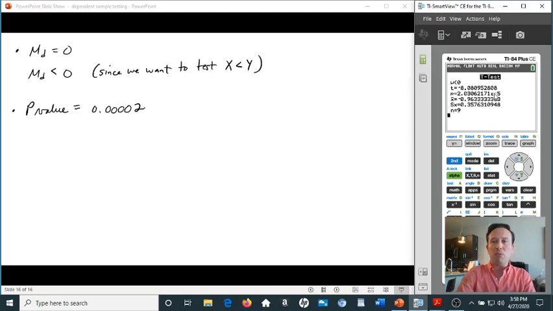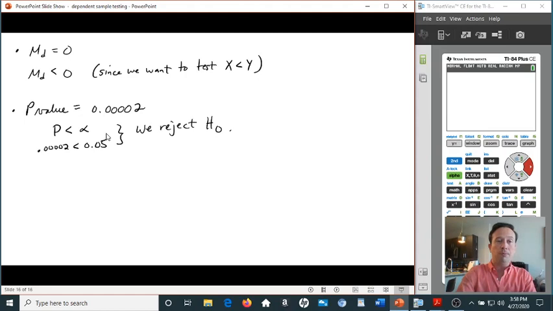That means you move your decimal place 5 places to the left. So 2 is one of those places, and then you need 4 more zeros to make it complete. That number is very small, and therefore it's less than alpha, less than 0.05, which means we reject the null hypothesis that mu d equals 0.